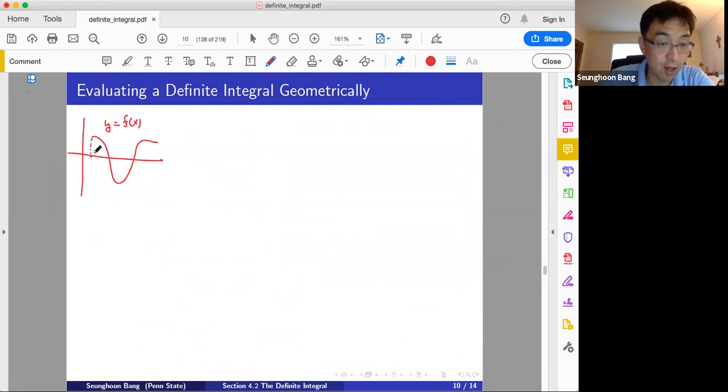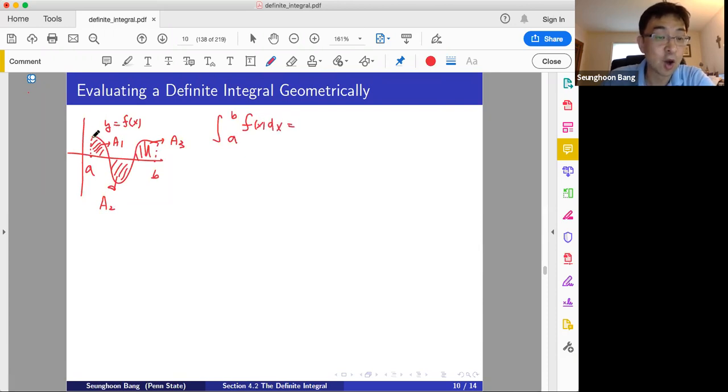We can find this is like a to b. We can write this area is A1, this area is A2, and this area is A3. What is the integral from a to b of f of x dx?